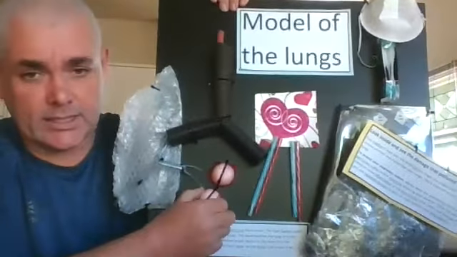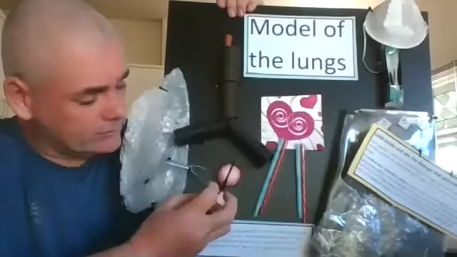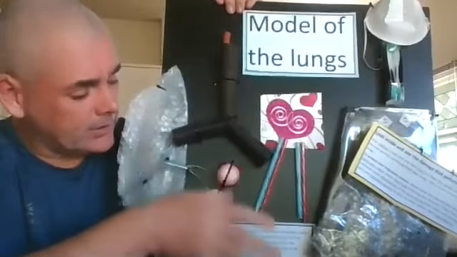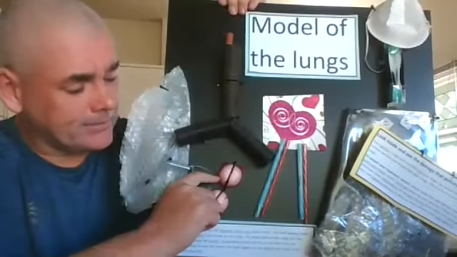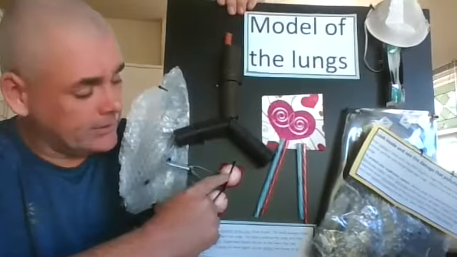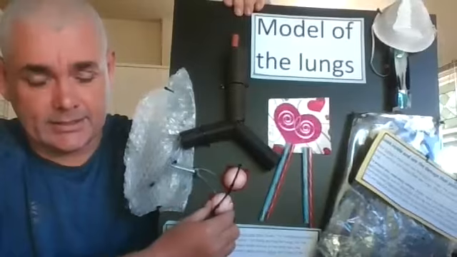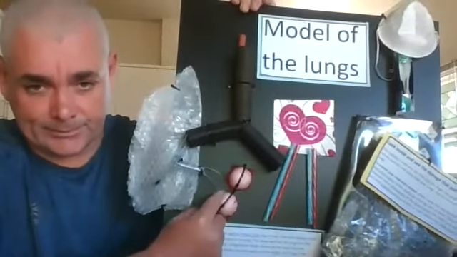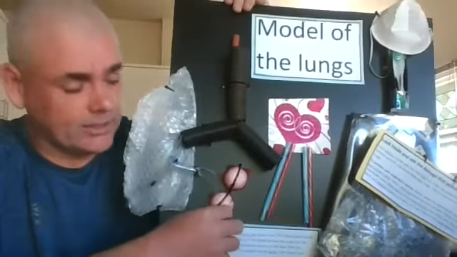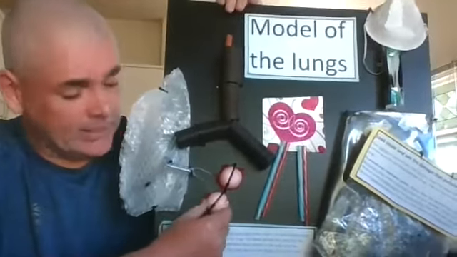And all I've done is cut one of those spheres of foam into two and use some of the orange bag material to cover those, because these air sacs, they're surrounded by beds of capillaries that help with the exchange of oxygen and carbon dioxide across the surface of these air sacs, okay?